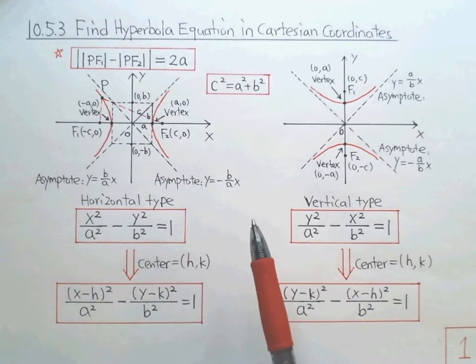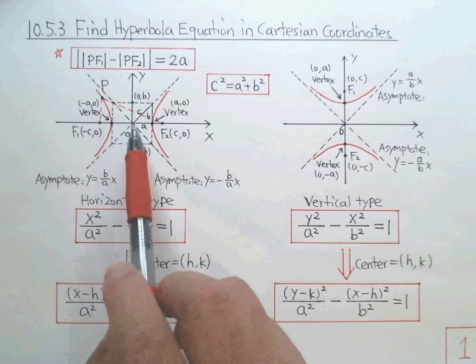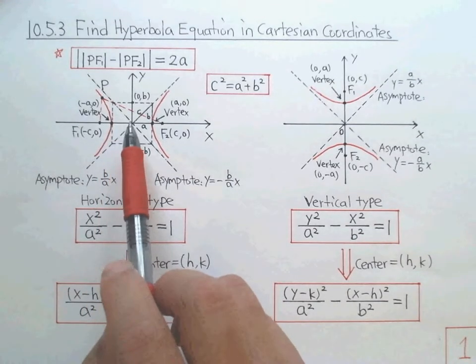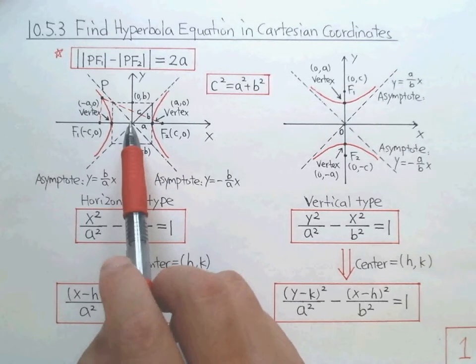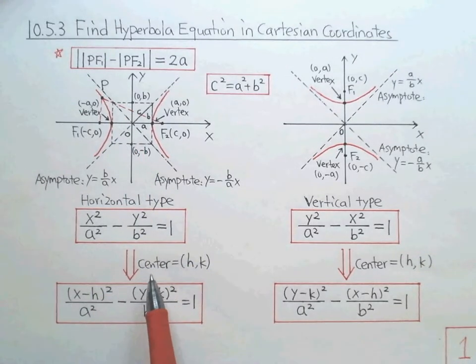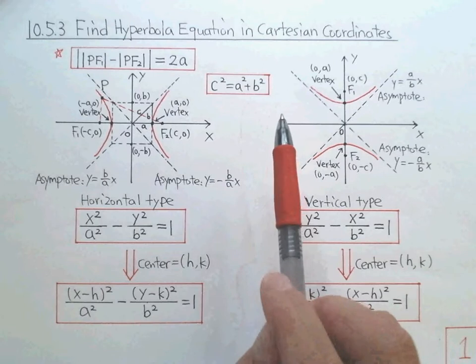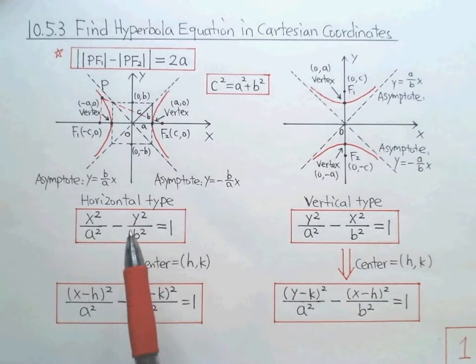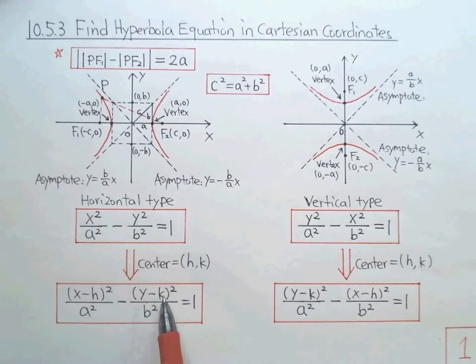This special type has the center of the graph at the origin. However, if we change the center to (h, k), which means a shift, what do we need to do? Replace x by x minus h, replace y by y minus k. h is for x, k is for y, and then this is the general standard equation.